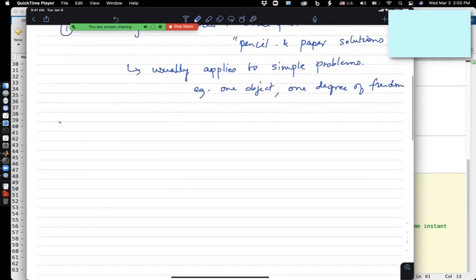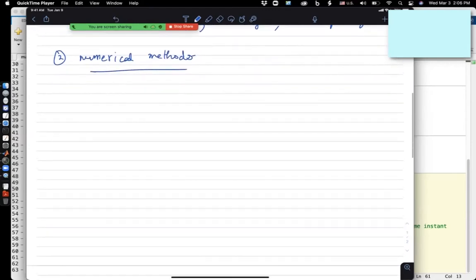And then we have what are called numerical methods. Numerical methods are basically using a computer. Well, you can do numerical methods using pencil and paper as well, but that's not the most efficient way to use them. Really, you want to use a computer.